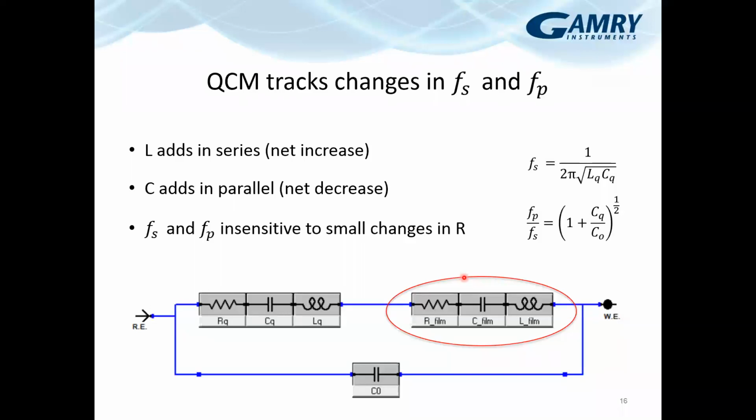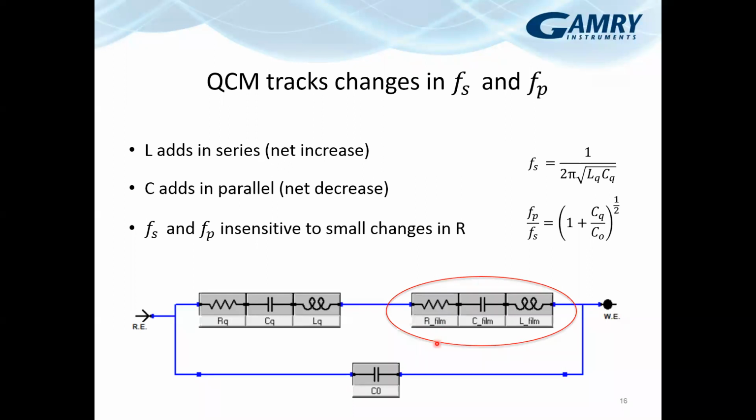This is getting into advanced topics about what kind of frequency shifts you'd see with a biofilm, but this is one way to think about how a film loads onto the quartz crystal. I will say that FS and FP are typically insensitive to small changes in R. R again is changes in viscosity, and so typically this is not observable with basic EQCM setups.